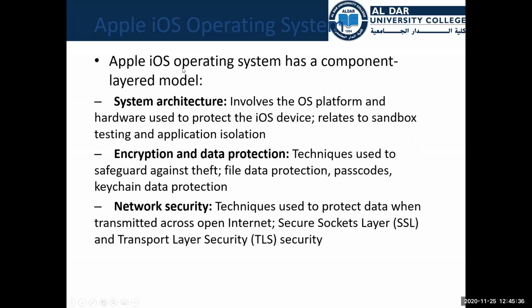The first one is system architecture, which includes the operating system and the sandboxing, encryption that protects the confidentiality and integrity of the data, and network security, which is the communication between one phone and the other, communication between different phones. We have to use some kind of secure socket layer and transport layer security, or TLS.